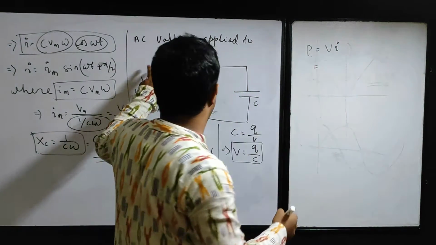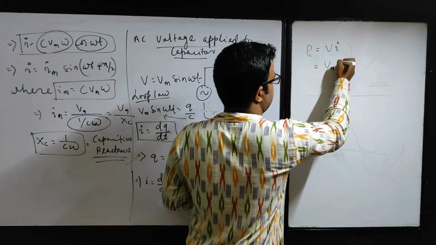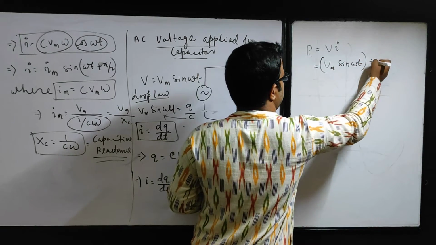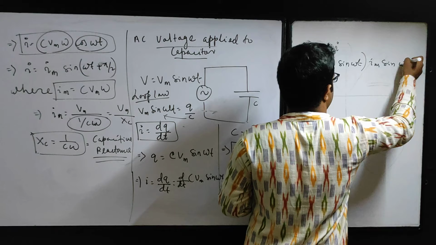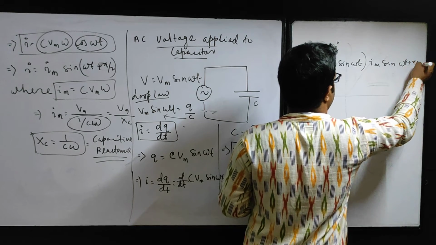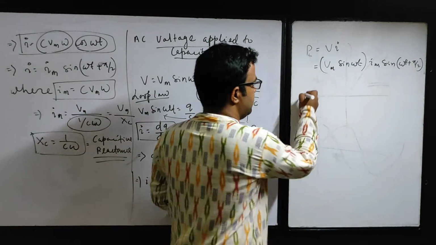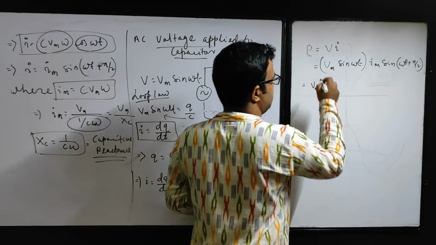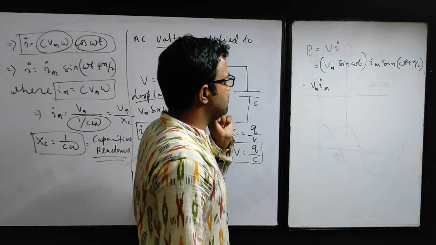V is our source voltage, that is Vm sin omega t. I is Im sin of omega t plus pi by 2. Now you just multiply. So Vm Im, then sin of omega t plus pi by 2.